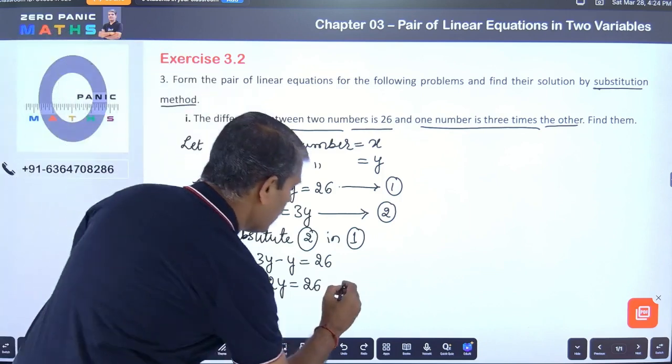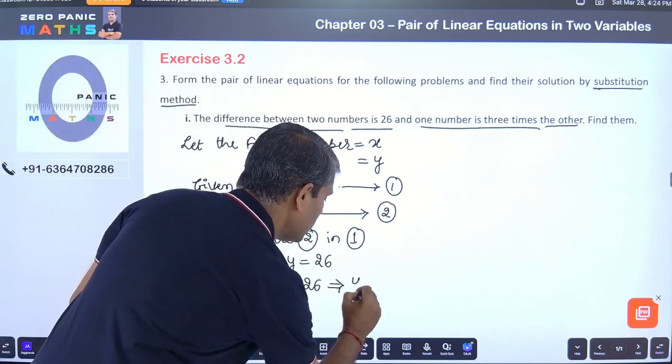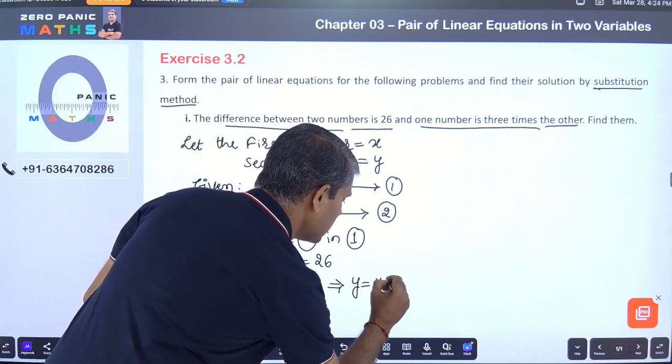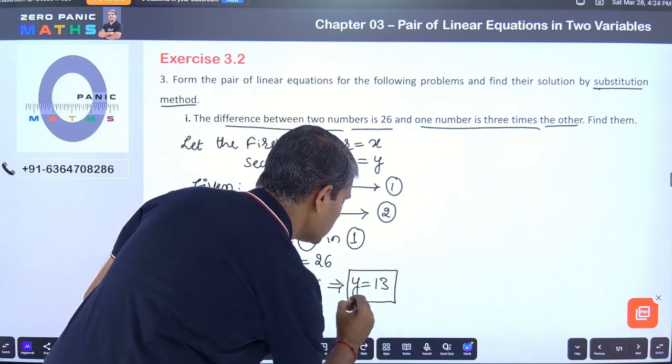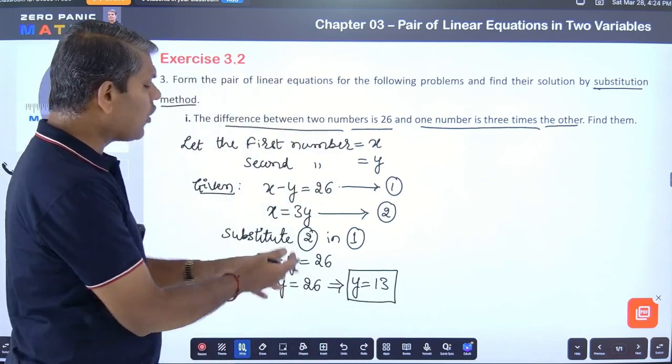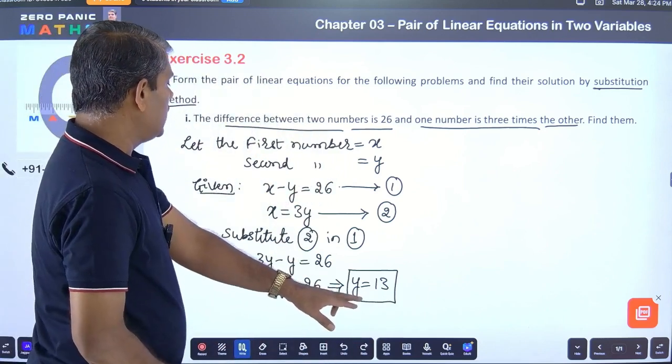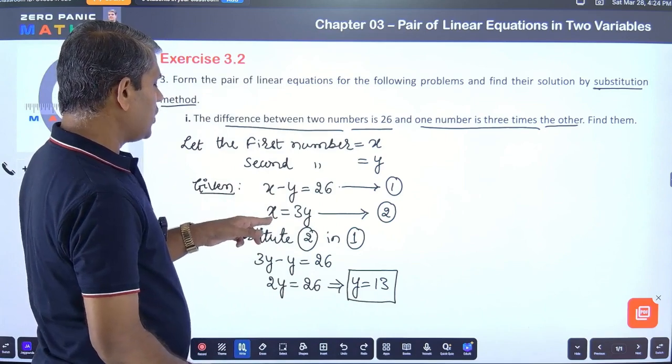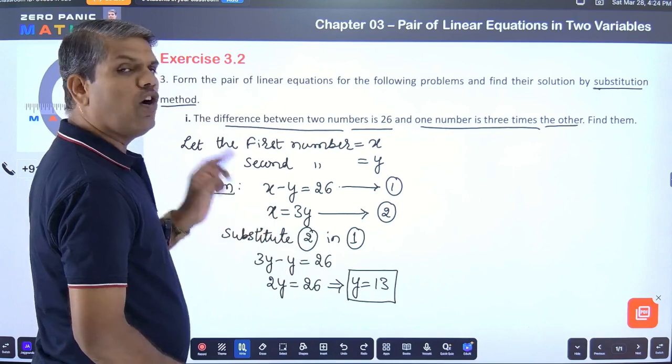So what is y then? It is 26 by 2, that is 13. y is 13 for us. We got the value of one variable. Now substitute that into equation 2 to get the value of x.